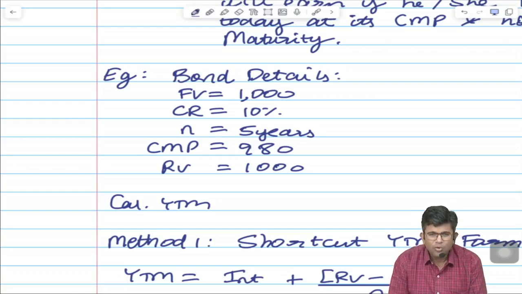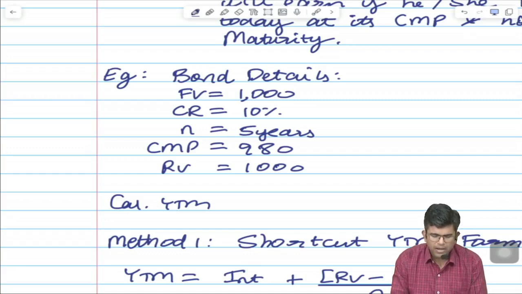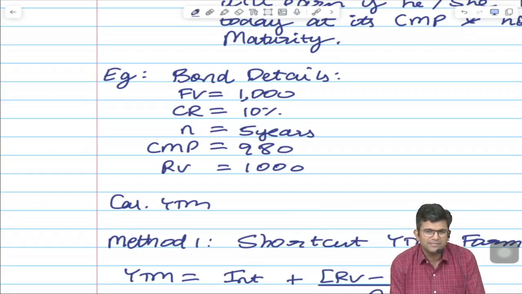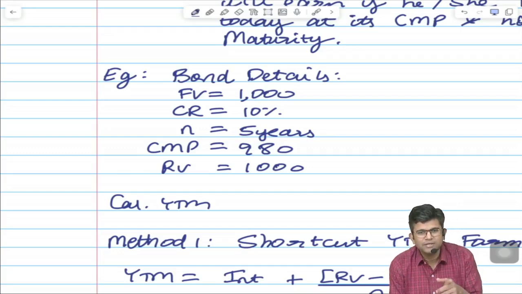Now, do you all understand that the fact that the price right now is 980 means all the people in India, or majority people of India, are okay with 980 price? Because if they were not okay with 980 price, then demand supply function would have changed the price.